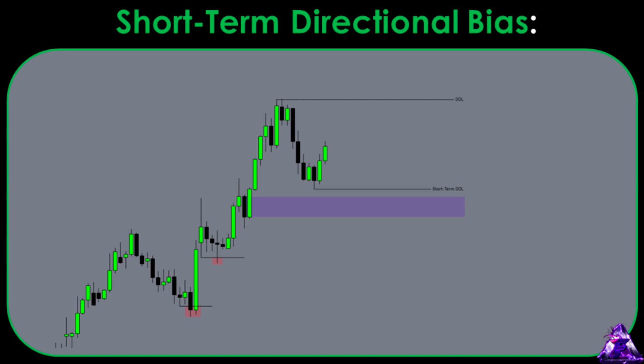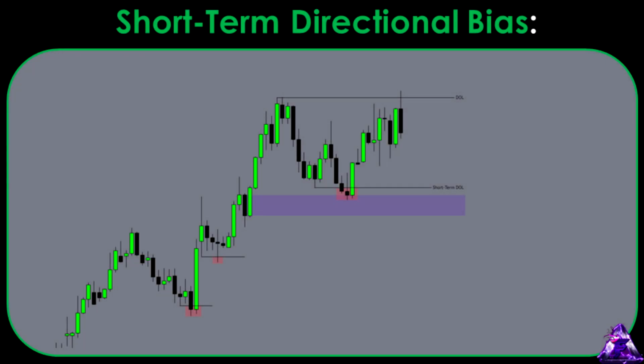Now, we know that before the price expands higher, it first has to reject and purge below this low and the order block before it begins moving higher towards the main long-term draw on liquidity or objective. This is what short-term draw on liquidity helps us to understand, where the immediate initial move could occur before the major move.